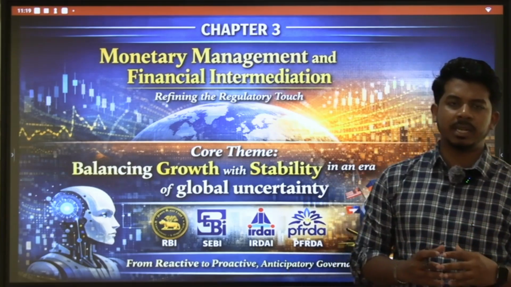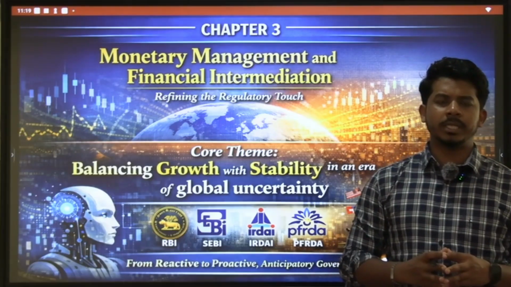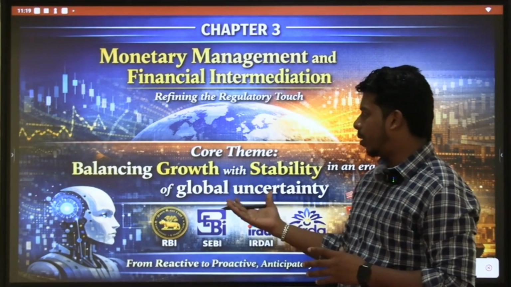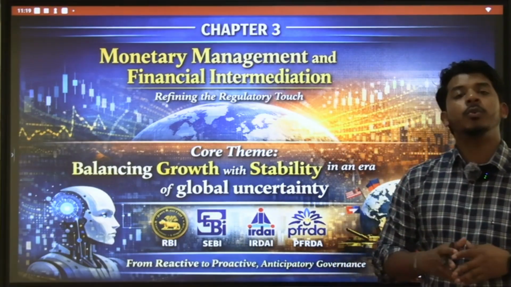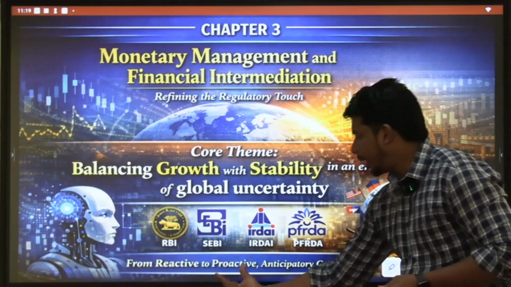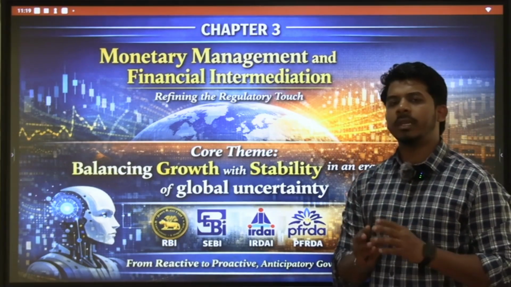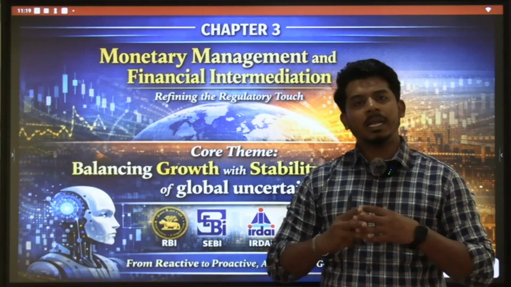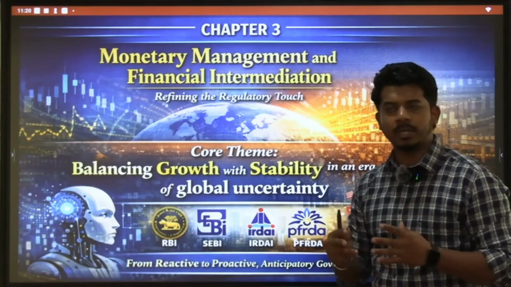In the previous class we saw fiscal developments. Now we are seeing monetary policy developments. So how India is balancing growth and stability in this world using monetary policy, that is what we are going to see. From reactive to proactive, anticipatory governance. So they are also talking about changing the governance in this monetary management and financial intermediation. We will see what that is.